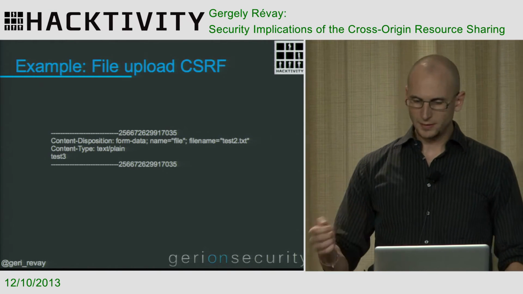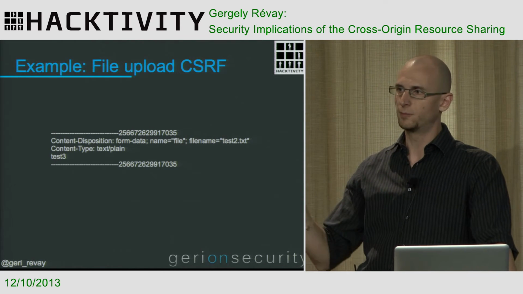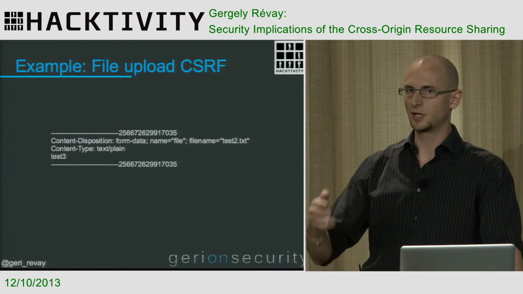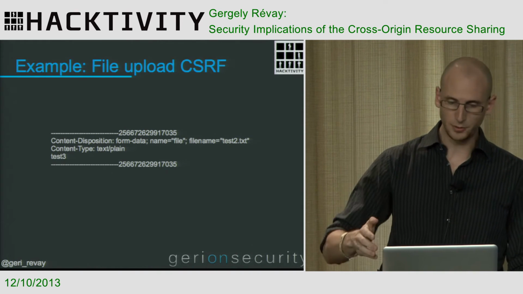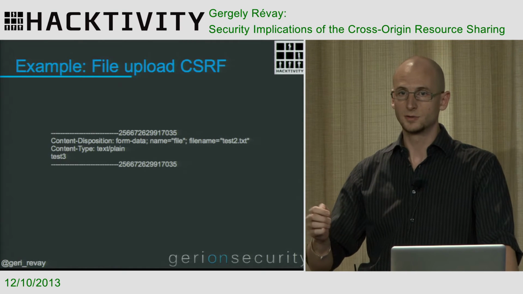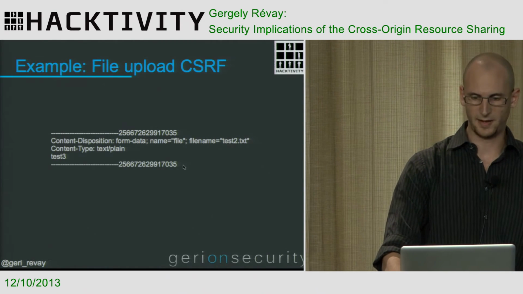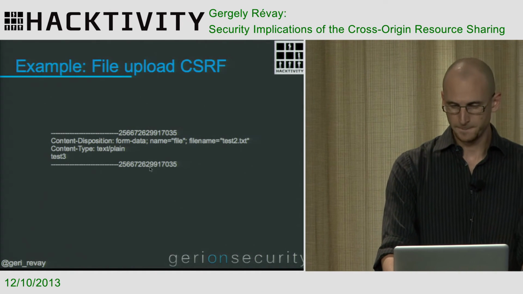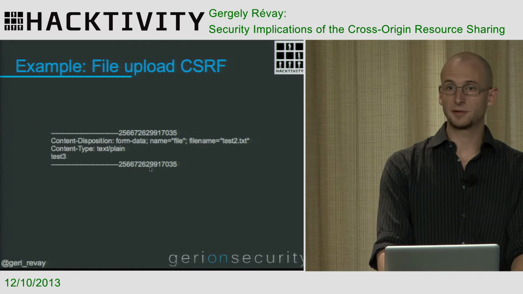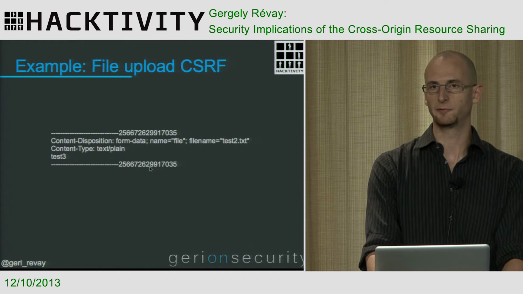So what I tried to do is, when you use the normal file upload form of HTML, it will generate a multi-part request to upload your file. This is the file part of this multi-part request. And it turned out for me that you can't fake this request with a normal HTML form.